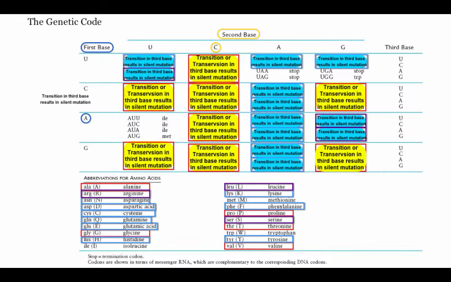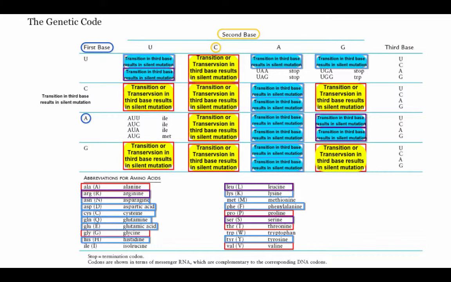But if you have a transversion mutation in the third base, you're going to end up getting a change in the identity of that amino acid, or you might get a stop codon, as we've seen before, with how these different mutations can occur.